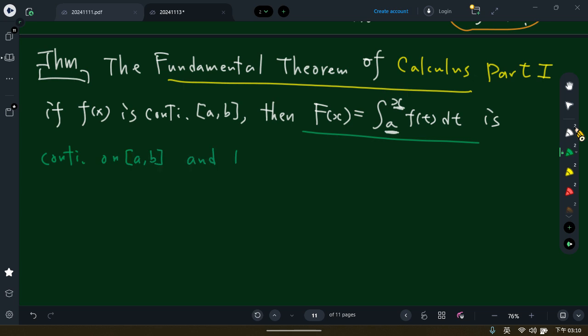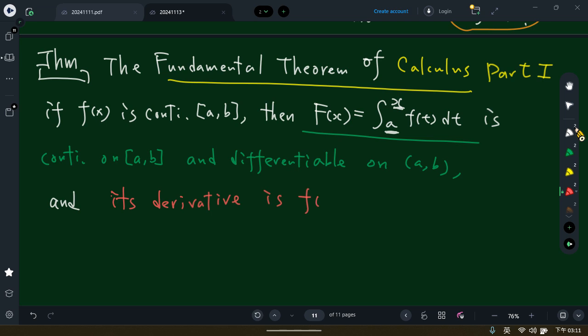And this function will be differentiable on (a, b). And the last one, the most important thing, is its derivative. The derivative is f of x.